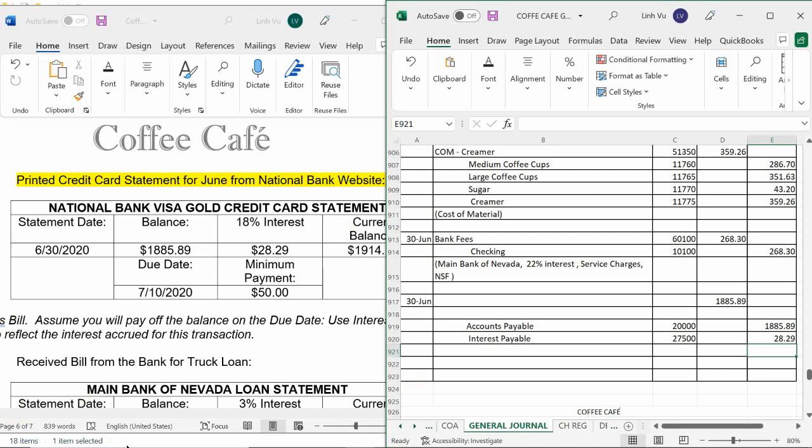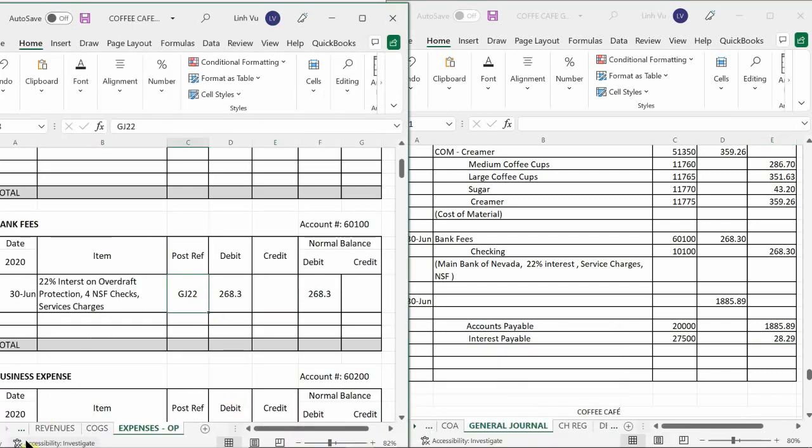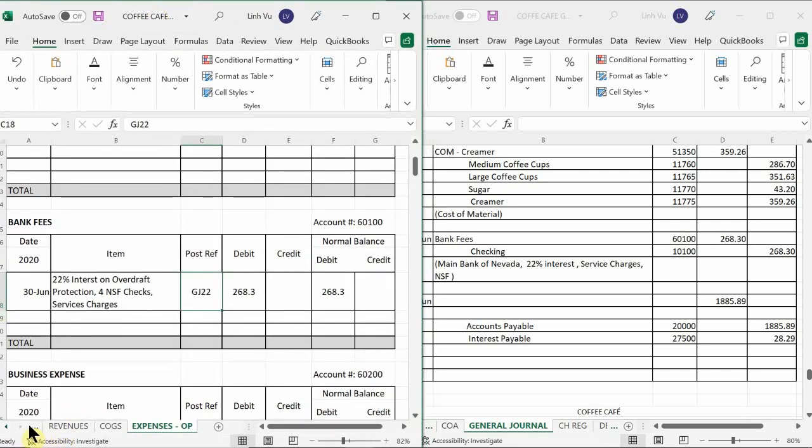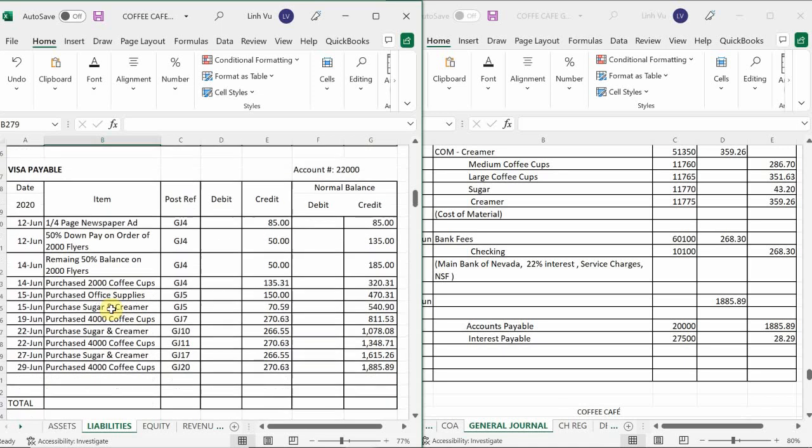Now in this case, because I received a bill and I choose to pay it later, what's going to happen to my Visa credit card?